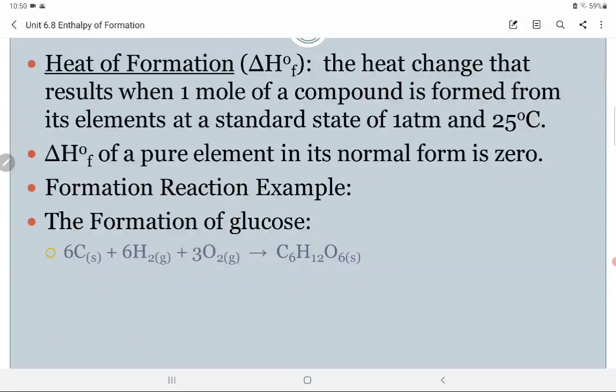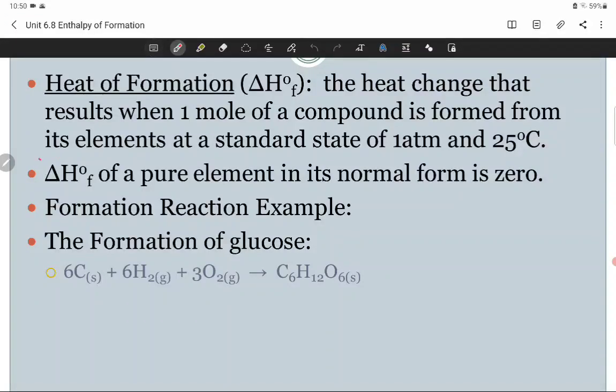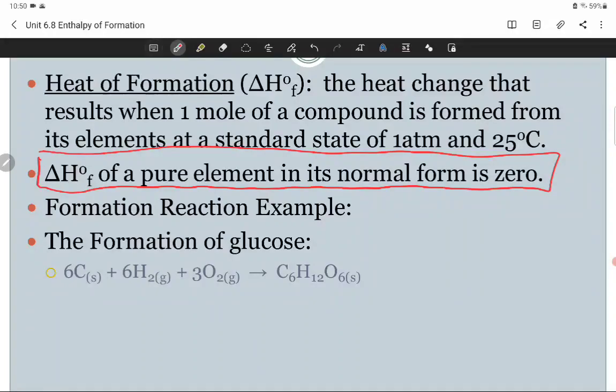One thing that's going to be of importance for sure is this. If it is a pure element in its standard state, it is already formed. It doesn't take any energy to form it, so that value would be 0. Where is that going to be important?